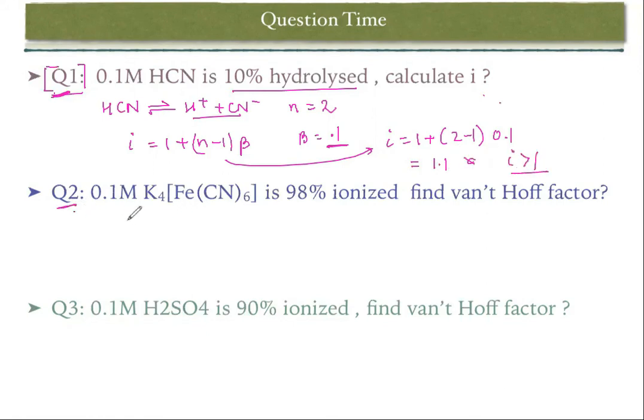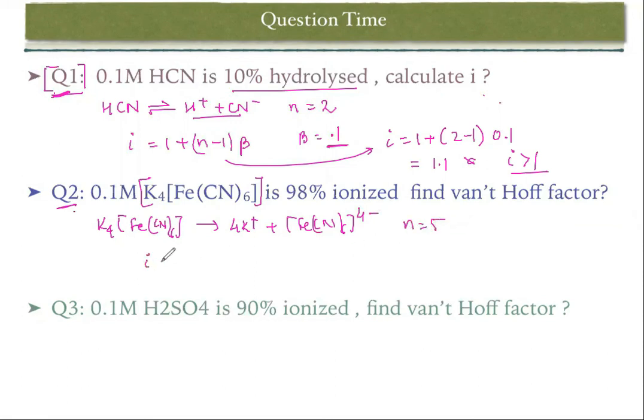Question number 2. The solute is K4Fe(CN)6. When it dissociates, it will form 4K+ and Fe(CN)6 4-. So here n is equal to 5.